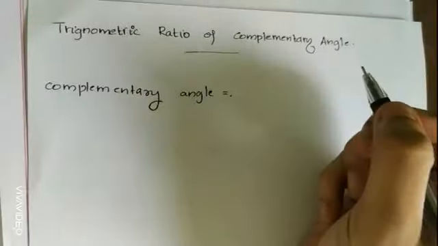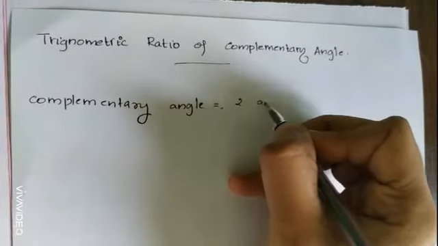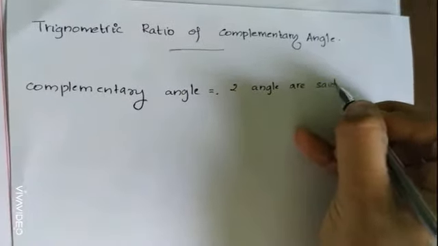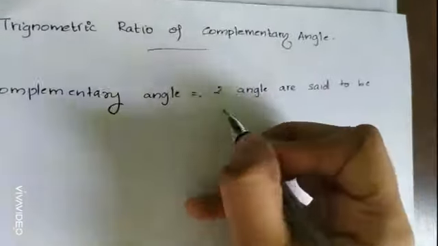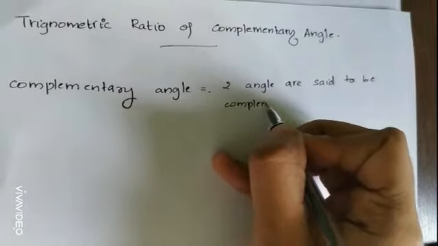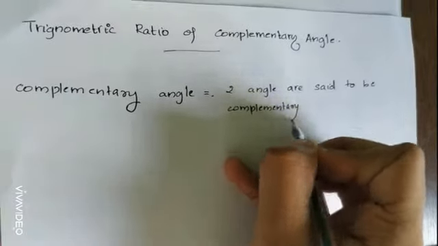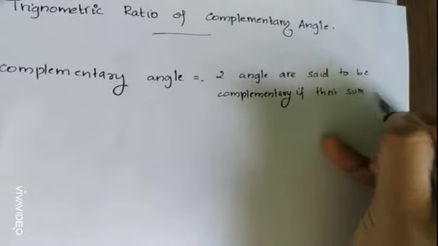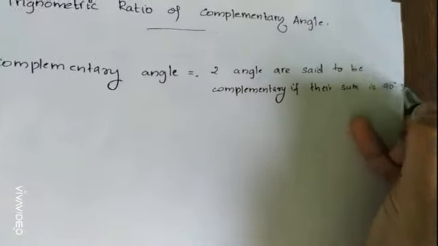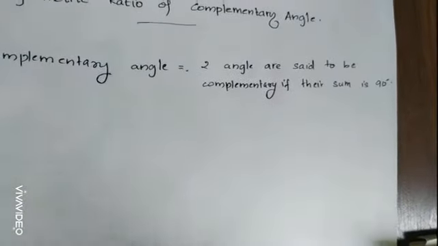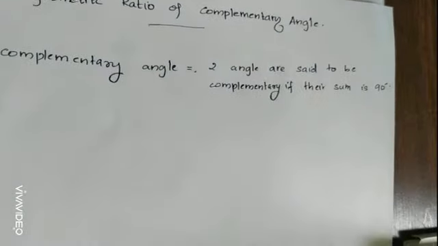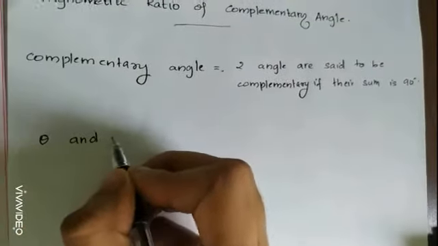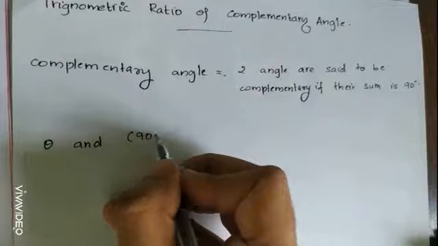Two angles are said to be complementary if their sum is 90 degree. Now let us consider the two complementary angles as theta, and obviously the other angle would be 90 minus theta.